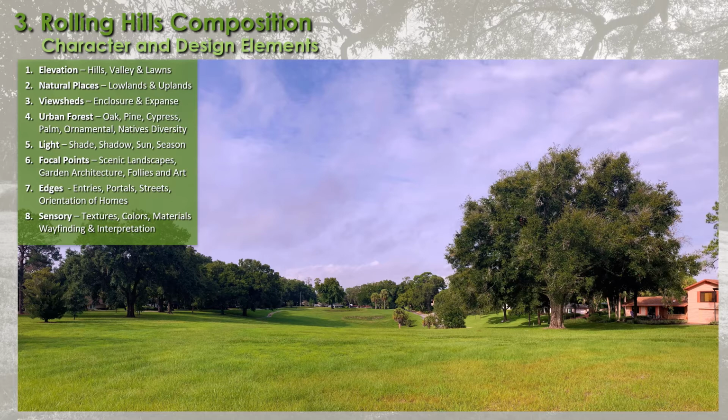We have view sheds that are very expansive, but also places that are enclosed where you're walking through a forest or through a very intimate space. We have different types of urban forest, from oak and pine to cypress, palms, and other types of natives that we can introduce into these systems.